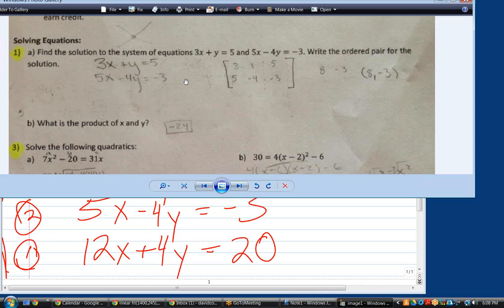But I don't know if we want to spend the time doing that if you don't have to know how to do it. Yeah, we didn't even really talk about that. All right, then don't use Cramer's rule on this problem. In other words, this is very straightforward. This is very solvable by the rules you have been taught for the last 3 years, which is solving a system of equations by elimination.